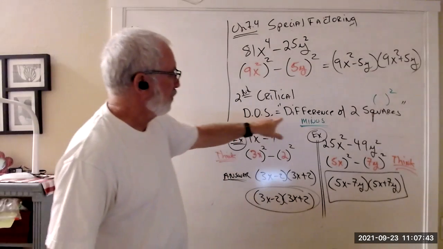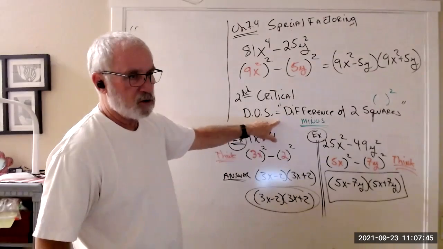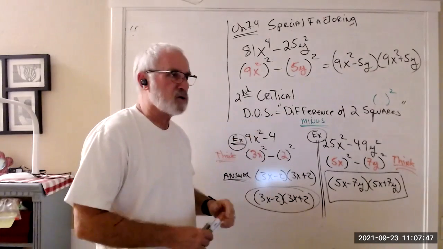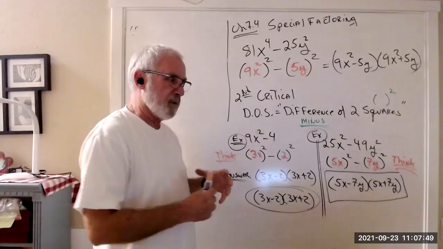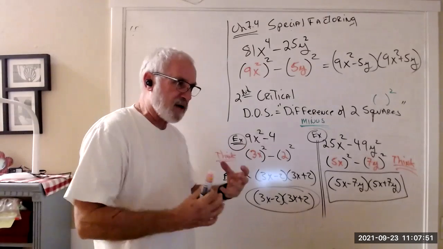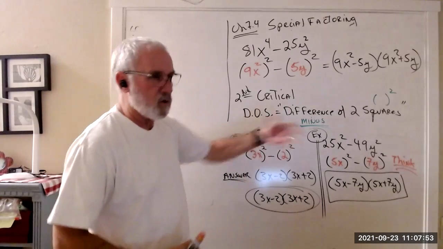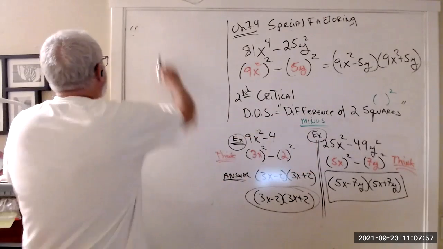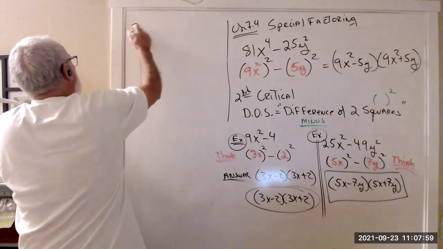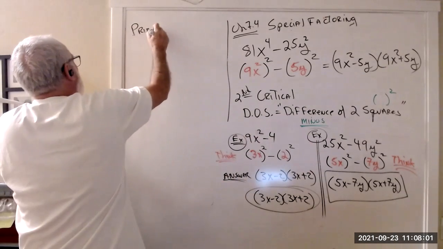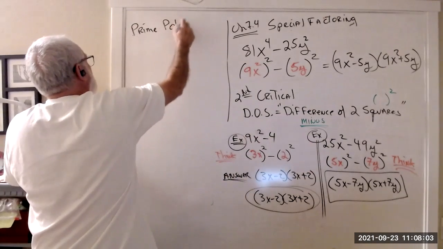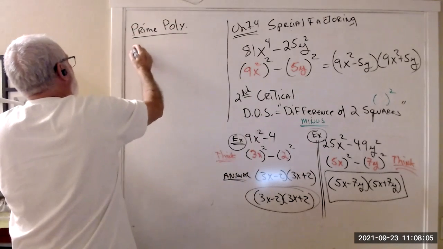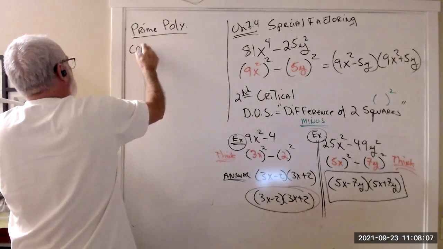Now you can use DOTS. Everything that I've given you so far has been polynomials that can be factored, that can be broken down into other things. Unfortunately, there are prime polynomials, and they cannot be factored.